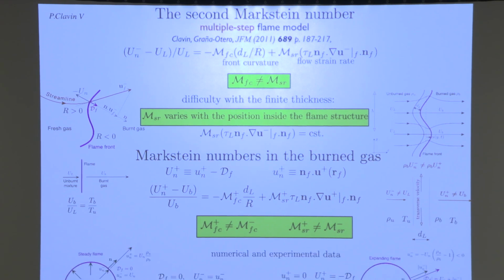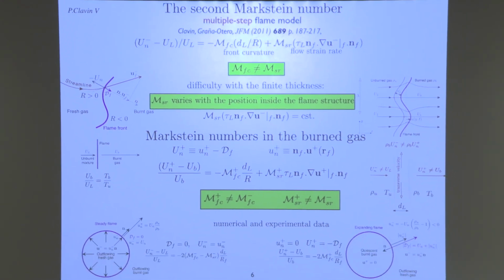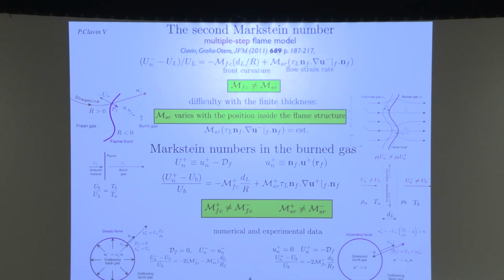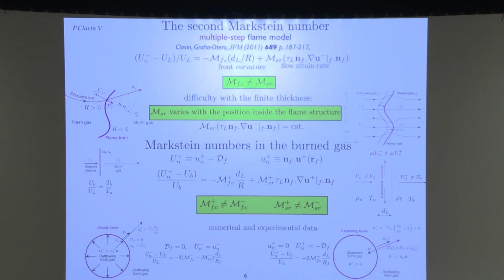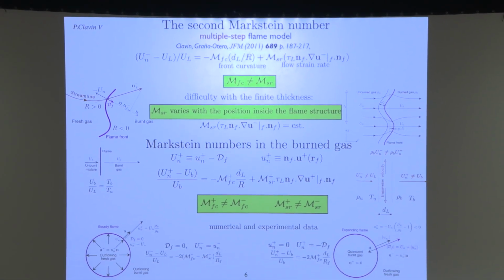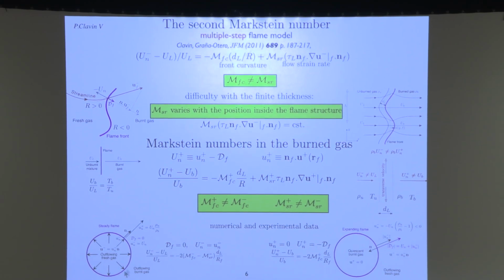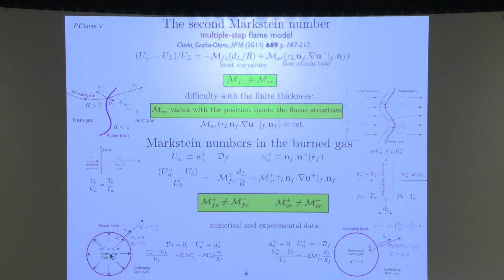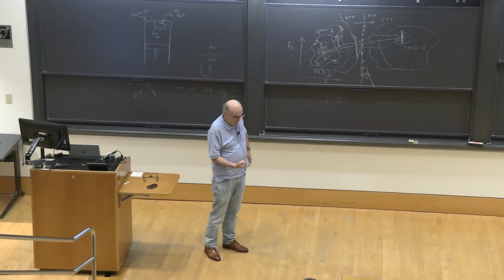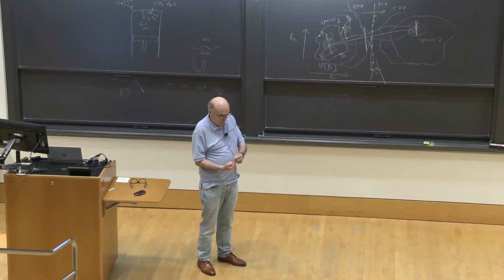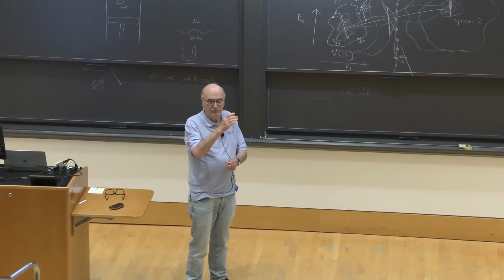And there are very simple experiments that eliminate one of the two and keep only one. For example, if you have a flame stabilized out of a small duct of fresh mixture, right?